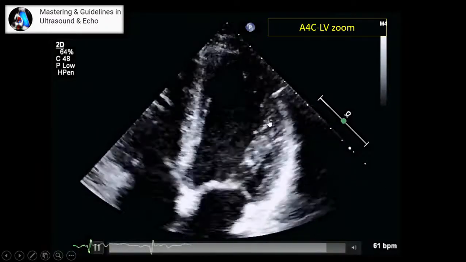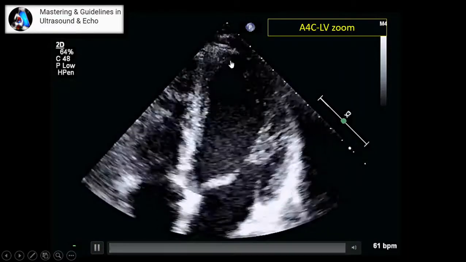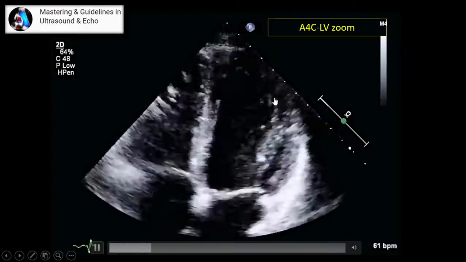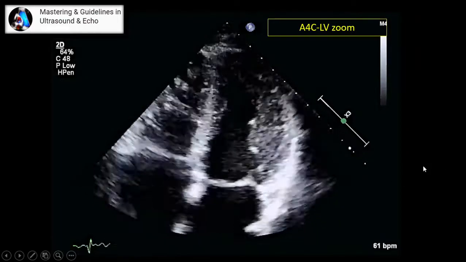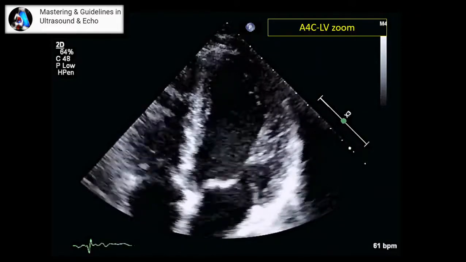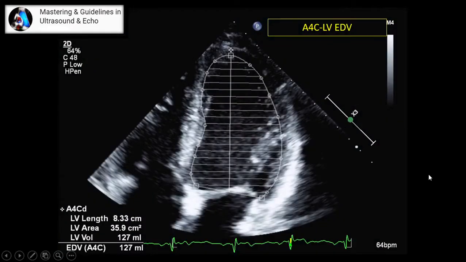You have to see a clear endocardium in almost all spots and segments of the left ventricle. When you have a nice, clear endocardium and a correct left ventricle, then we go for tracing and measuring ejection fraction by the Simpson technique at two spots, one at end diastole and then end systole.